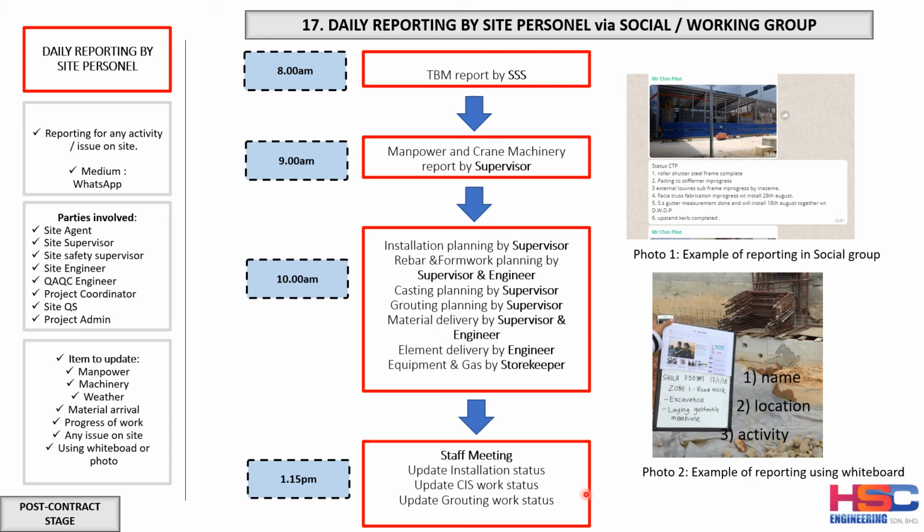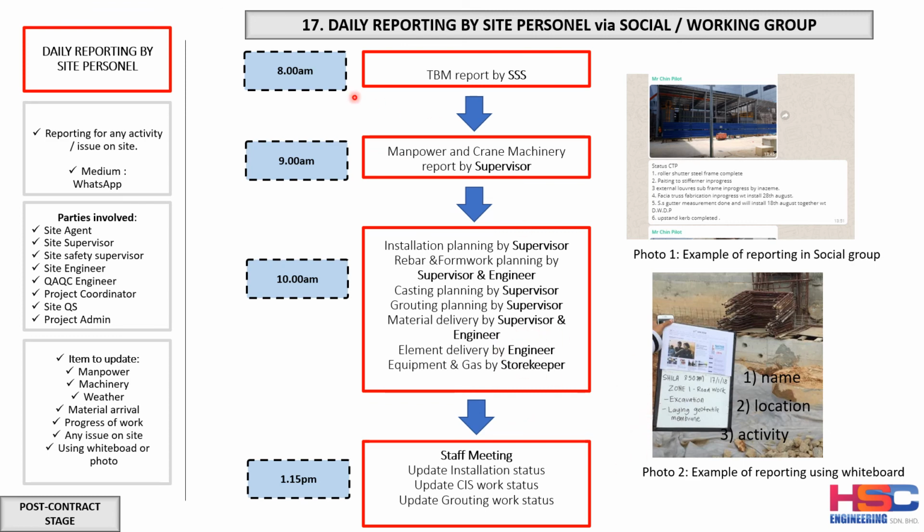That is the importance of reporting. Everyone needs to report, so that everyone knows what the problem is. During this staff meeting at 1:15 p.m., the supervisor needs to highlight the problems faced by him to achieve the target. Okay.